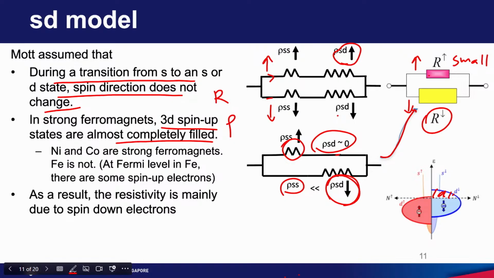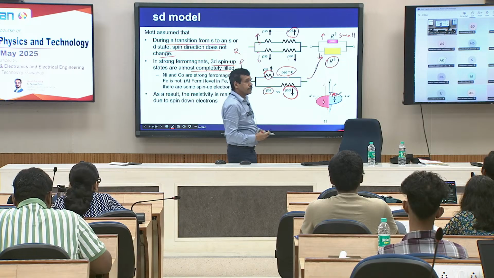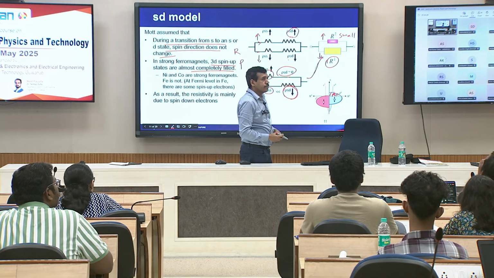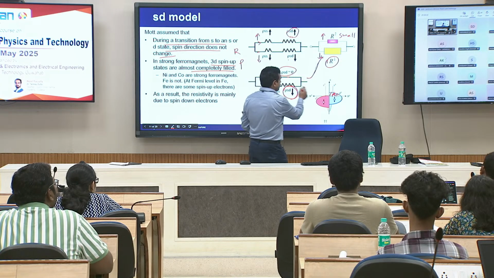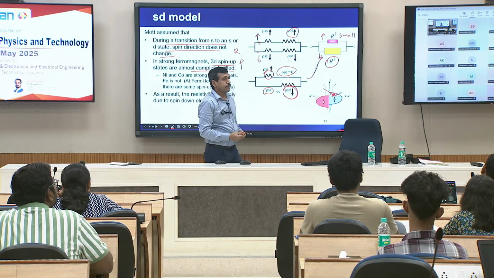Question? Resistivity comes from the density of states. Yeah. Electrons getting scattered into these empty states is what gives rise to the resistance. But sir, in the down spin there are some vacant states, so electrons can fill those states. Electrons can go into these states. Yes. So, why is the scattering happening here?